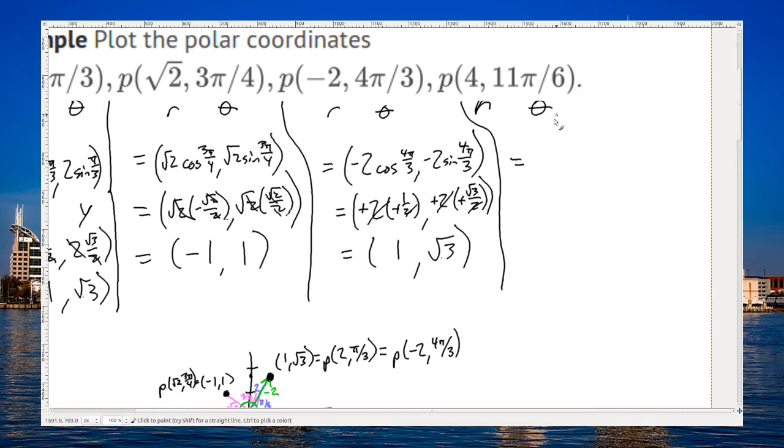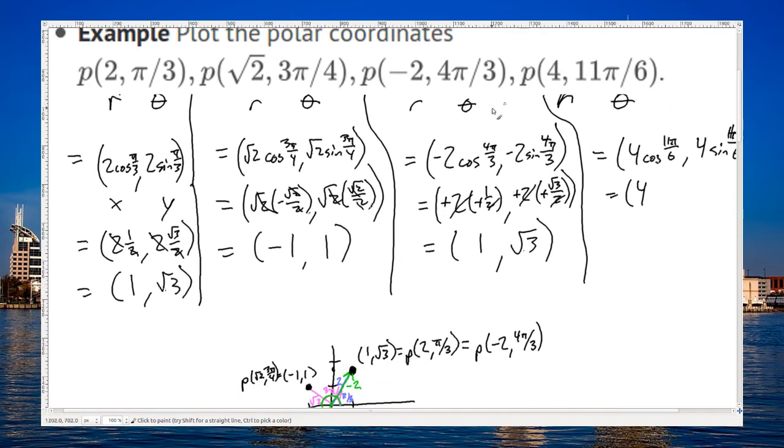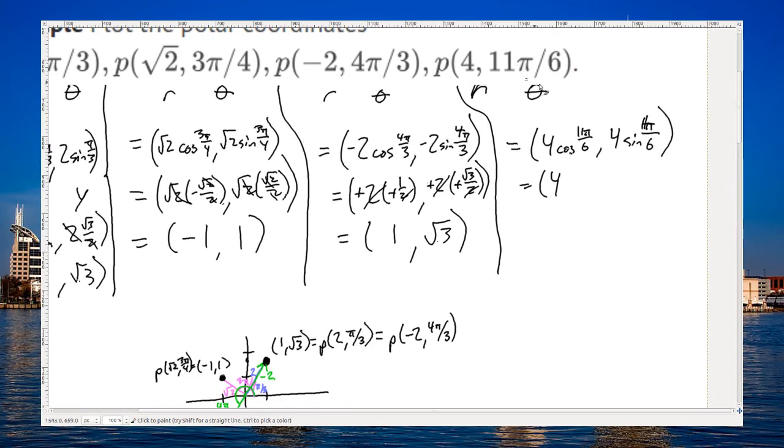Then we have 4 cosine 11 pi over 6, 4 sine 11 pi over 6. If it helps, you can think of this as 11 pi over 6. And since we're plugging into sine and cosine, we can just subtract 2 pi from it. That's the same thing as cosine of negative pi over 6, or negative 30 degrees, and the same thing as sine of negative pi over 6, or negative 30 degrees.